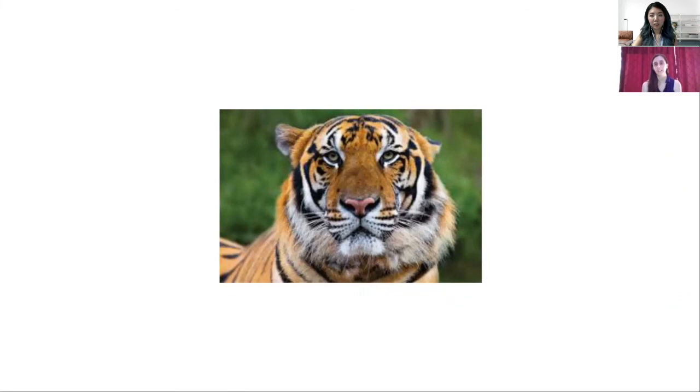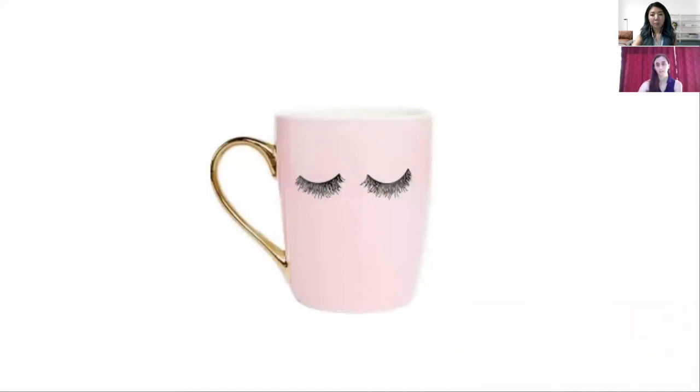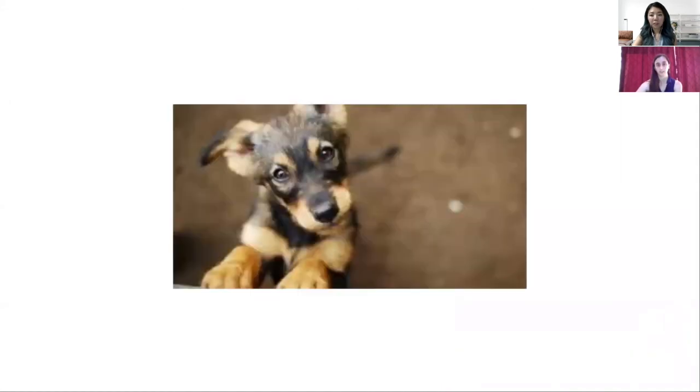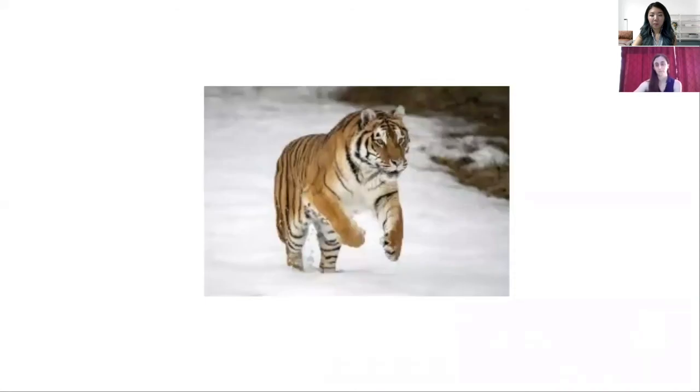Going back to the tiger, correct, to double check to make sure that it's still retained. Cup. Correct. Dog. Correct. So this is a new target set. Tiger. And this has been, I think, 3 pictures in between. Correct, it is a tiger.